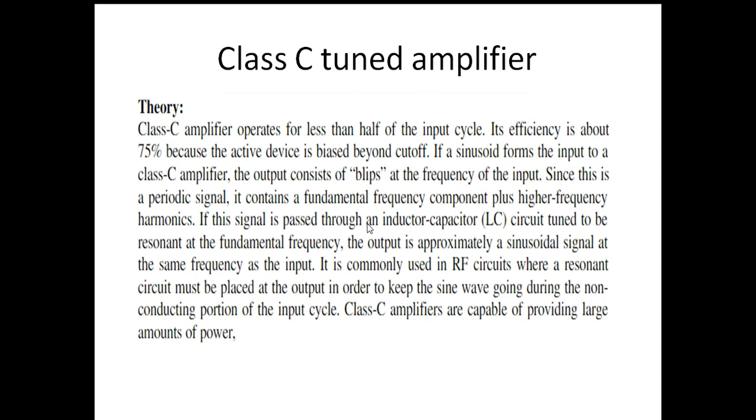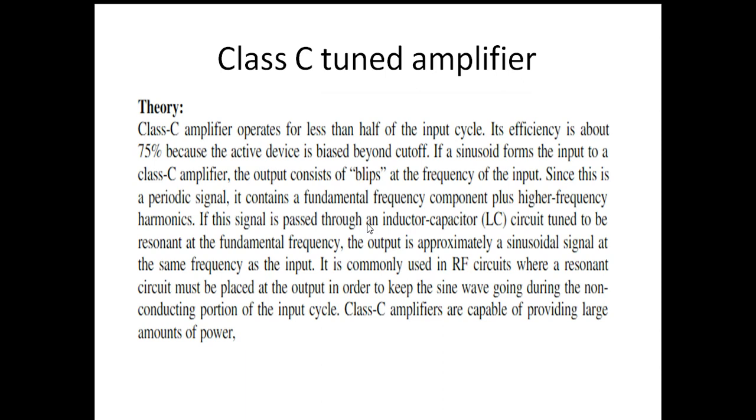If a sinusoid forms the input to a class C amplifier, the output consists of blips at the frequency of the input. Okay, blips means less than 180 degrees, a very short span. Since this is a periodic signal, it contains a fundamental frequency component plus higher frequencies or harmonics.